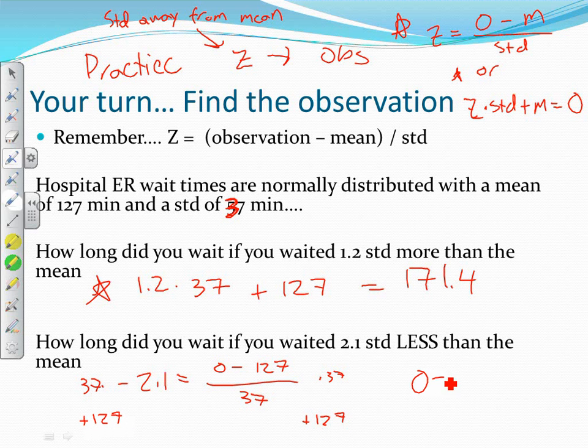Okay, we get our observation is 49.3. Or you can, of course, use the z times the standard deviation plus the mean. All right, we did both steps.